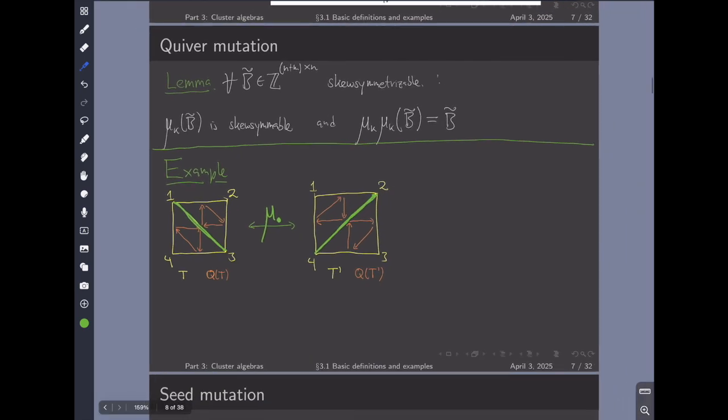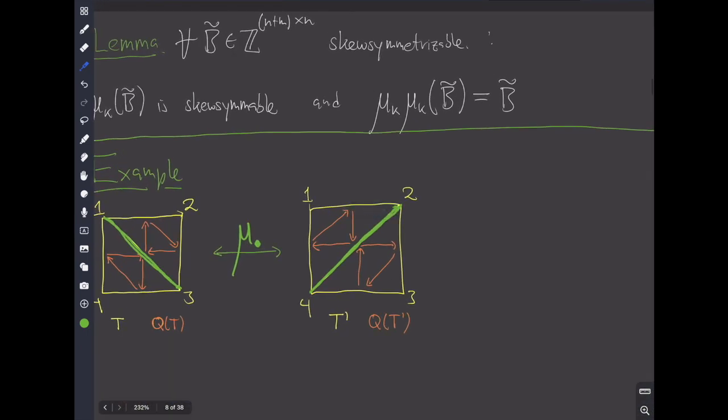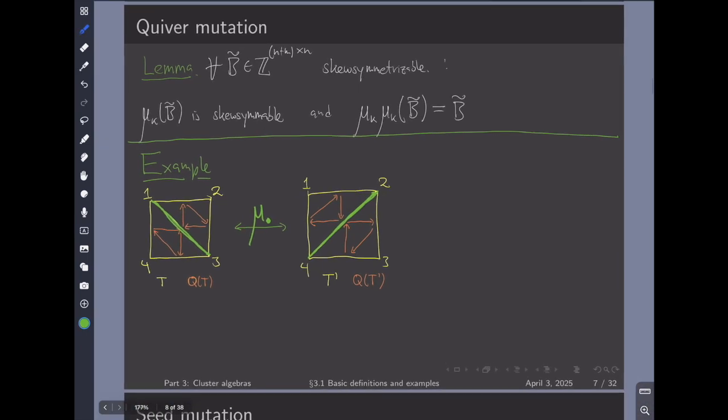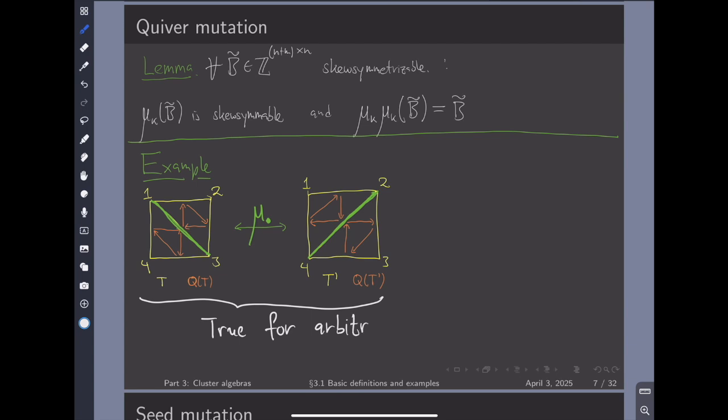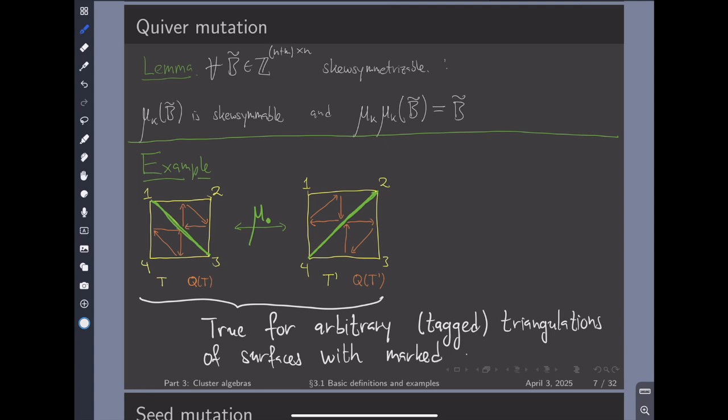Okay, this is actually a general phenomenon. This example is actually true for arbitrary triangulations, but one has to introduce a certain type of triangulations of oriented surfaces with marked points.